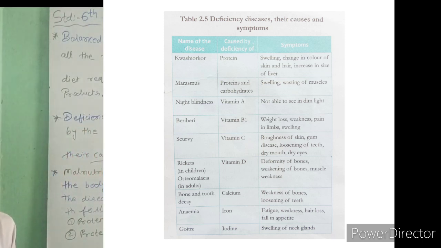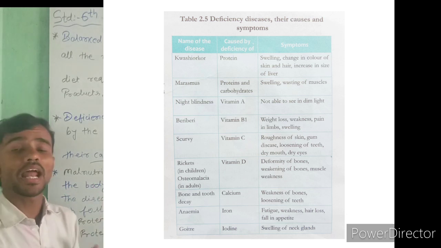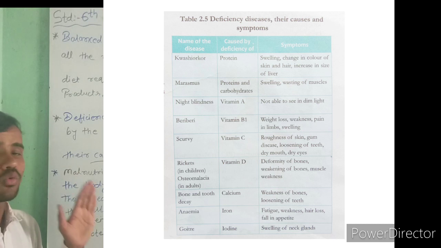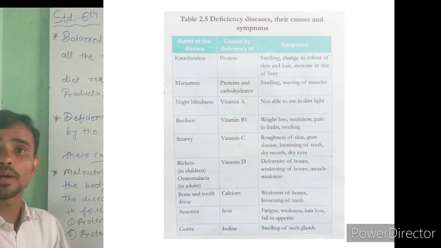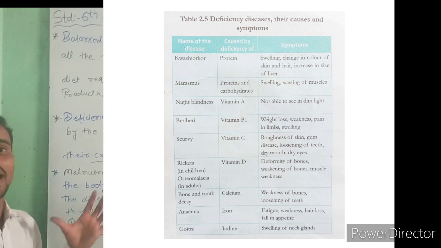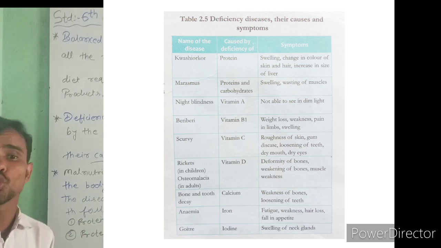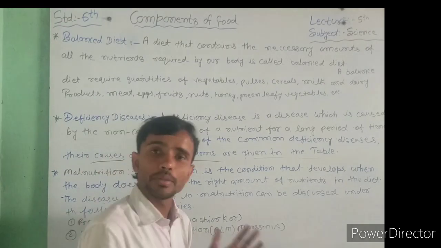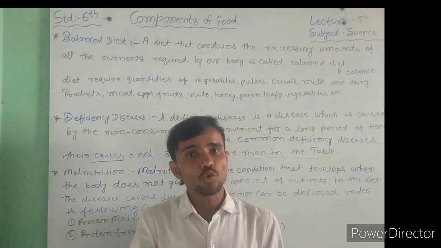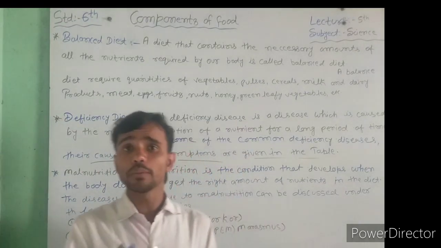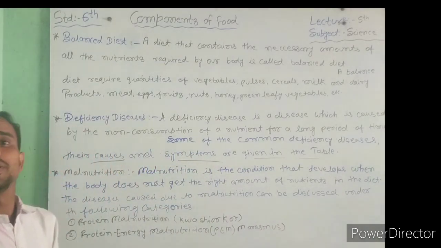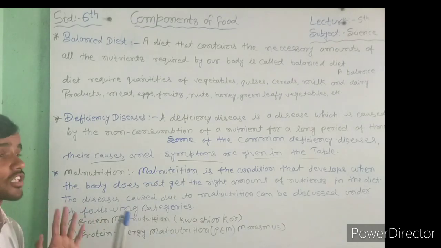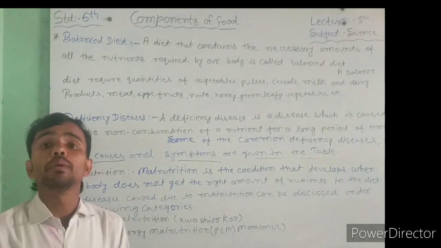So you see the table and write down in your copy which type of deficiency is caused by which nutrient, and what their sources are. You also write down the sources of vitamin A, vitamin B, vitamin C, vitamin D, vitamin E, vitamin K. My dear students, write down that content in your copy, then remember it.